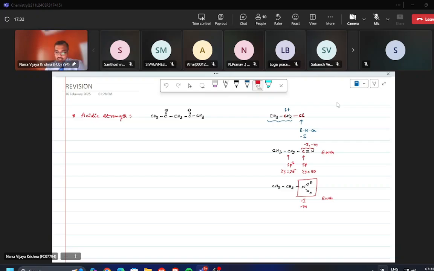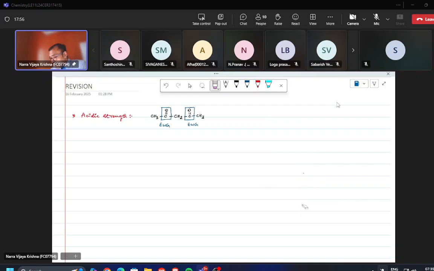Now, can I say these two groups are electron withdrawing groups or not? Respond. Right? What do these electron withdrawing groups do? They will decrease electron density over the carbon chain.